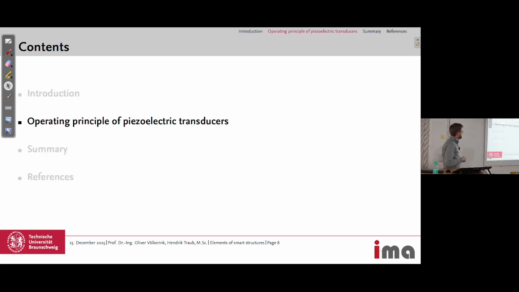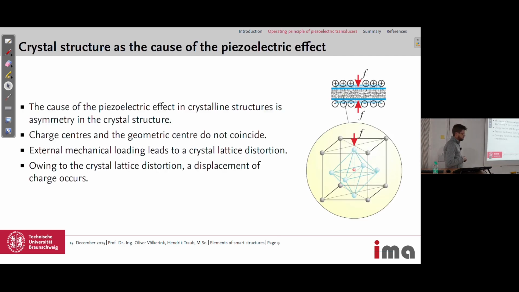So with that, we move over to the operating principle. The main cause of the piezoelectric effect is the crystalline structure, which has an asymmetry. The charge center and the geometric center do not coincide in this case.